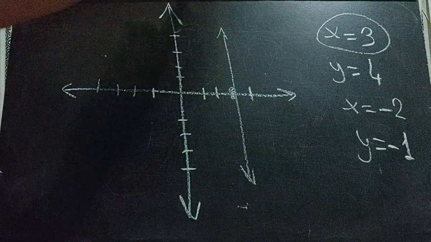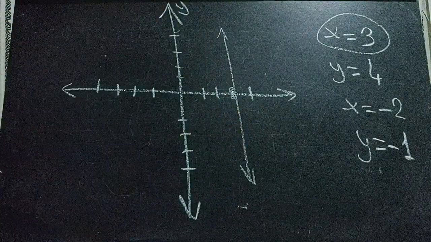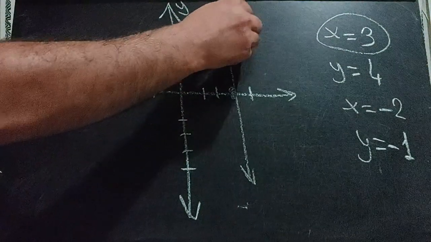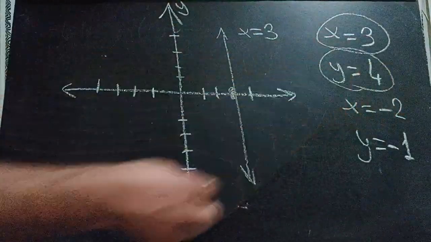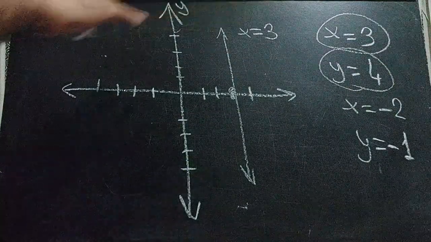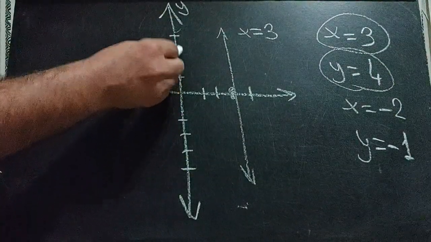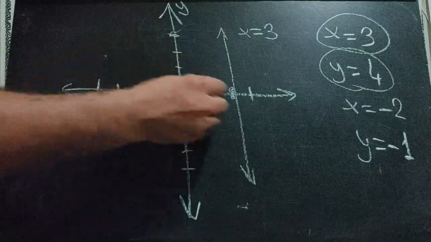It is going to be parallel to y-axis. X equals negative 3. When you have y equals something, it is going to be parallel to x-axis. So y equals 4, 1, 2, 3, 4, which is this.